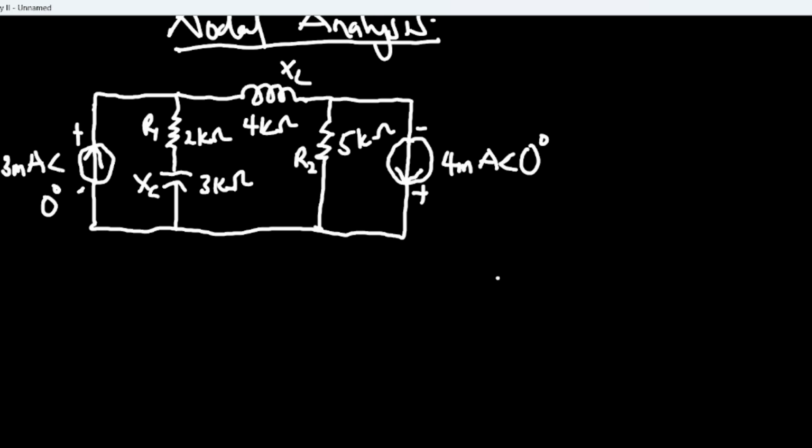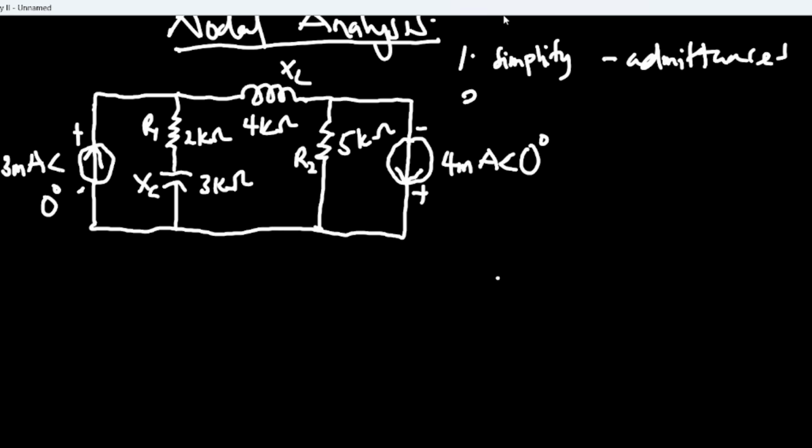Okay, so we are given this circuit and we are supposed to, one, simplify the circuit by converting all the reactances in each branch to what? To admittances, as I said earlier. Admittances.